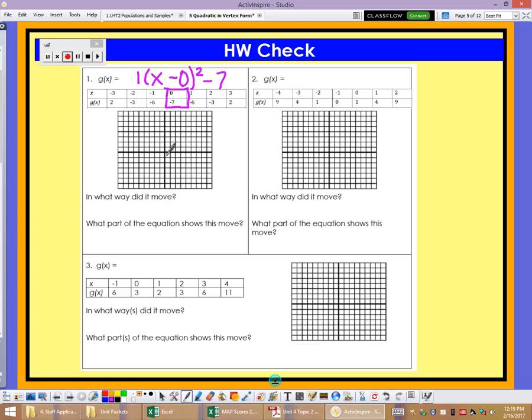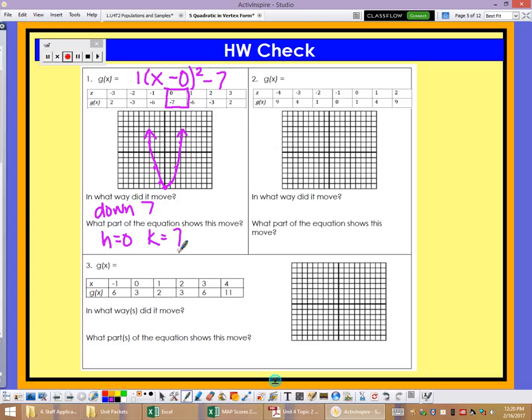When you go to graph this, you start off at -7, which is here. It goes up 1, up 3, up 5, and up 7. Which way did it move? It just went down 7. What part of the equation shows this move? Your h value of 0 and your k value of -7.